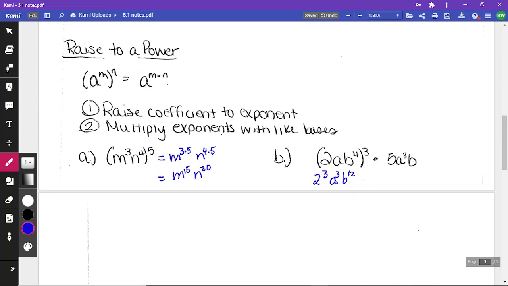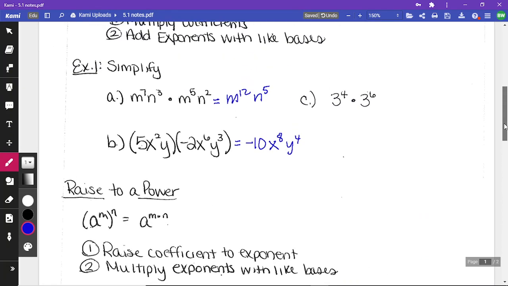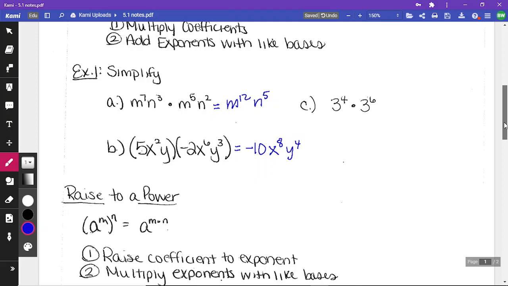Okay. Now we also have that times 5a cubed times b. So now what do we do next? Okay, now we're multiplying those together, and we have back here what we do to simplify those kinds of things.